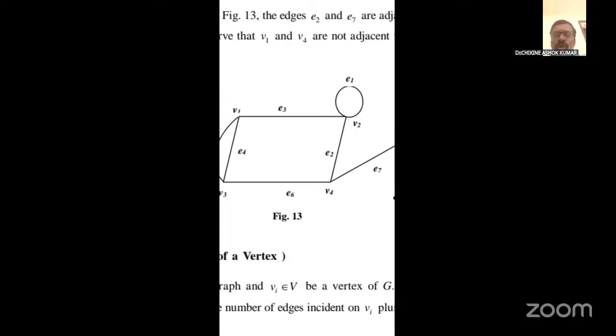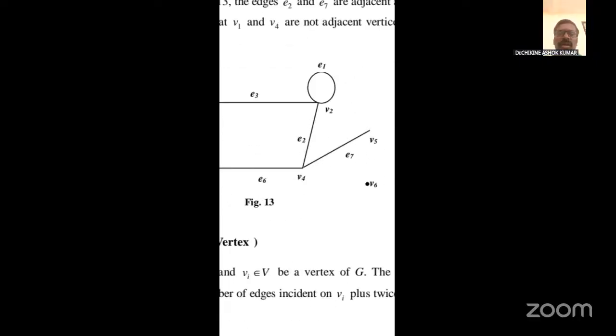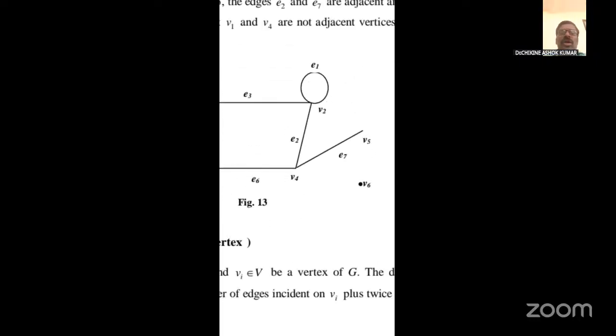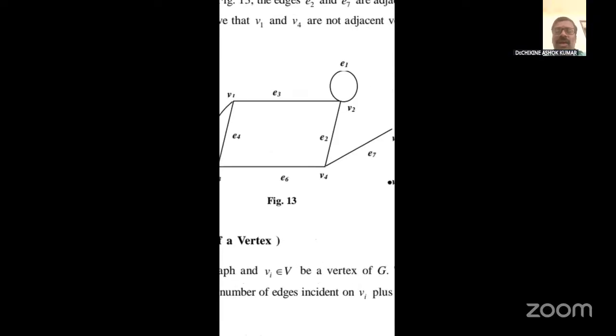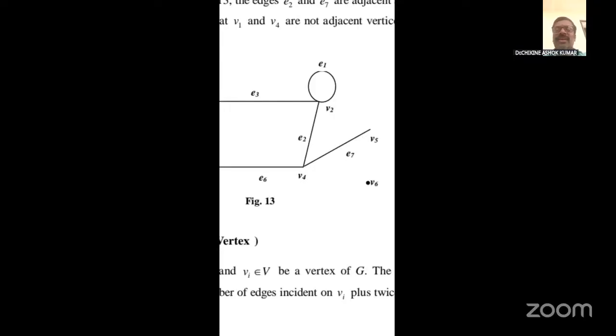Similarly, if you count the degree of V4, from V4 to the remaining vertices, how many routes or straight lines do we have? V4 to V3 we have the E6 edge. V4 to V2 we have the E2 edge. V4 to V5 we have the E7 edge.